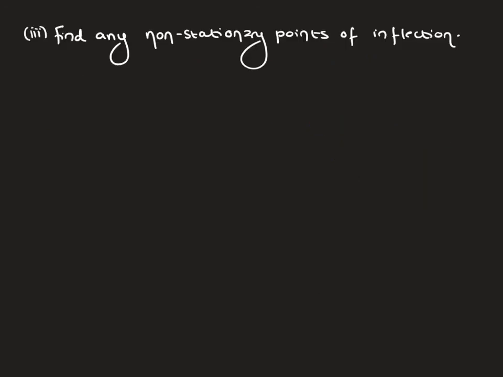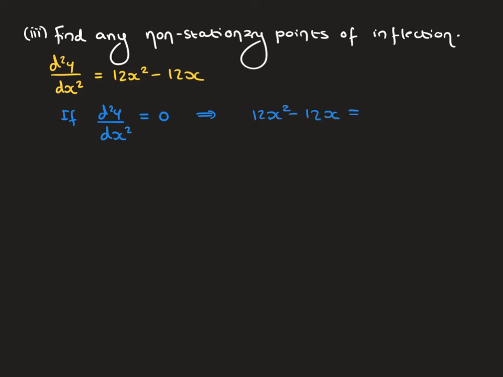So, part 3, find any non-stationary points of inflection. So we need d2y by dx squared, which we had earlier on. It was 12x squared minus 12x. And let's see what happens if d2y by dx squared is set equal to 0. Gives us a very simple quadratic equation.